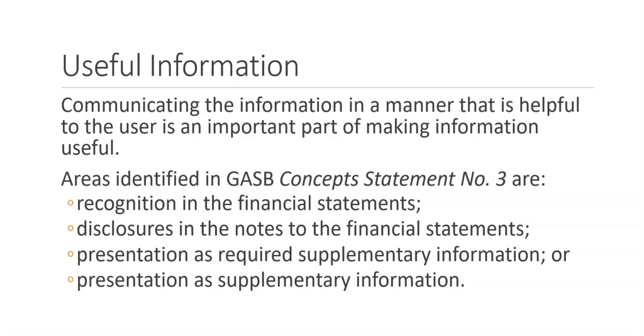So we need recognition in the financial statements, disclosures in the notes, presentation of required supplementary information that we put with our notes. So if you remember from chapter 1, we had requirements to include financial statements, disclosures, and notes to the financial statements, and required supplementary information.